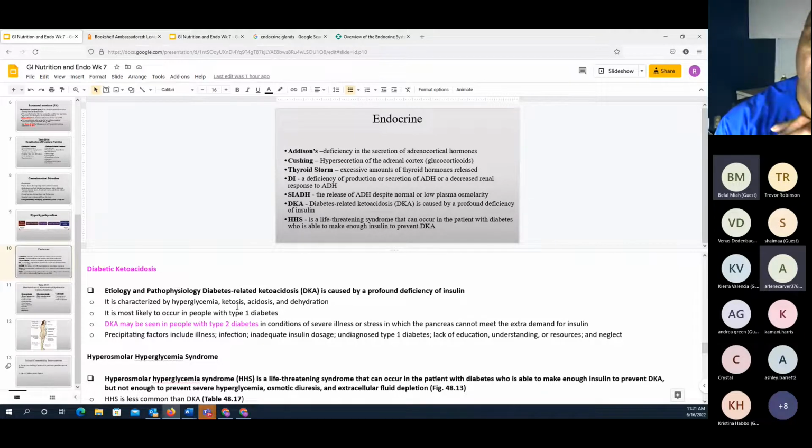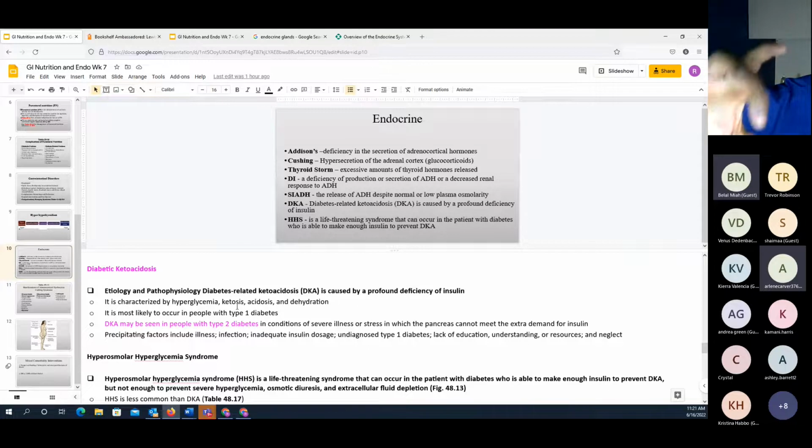All right. Now, with DKA, the reason you are producing ketones is because you do not have any insulin being produced. Insulin is like a key.